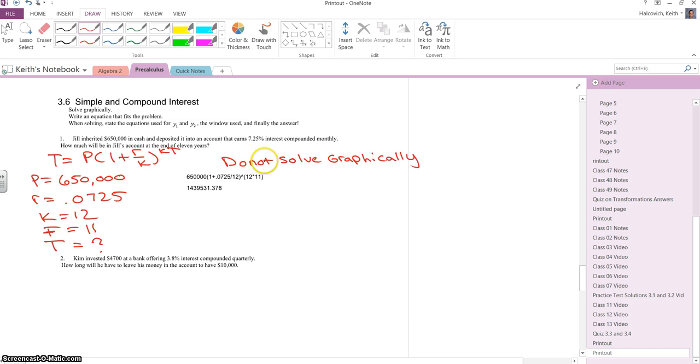We can just substitute this in our calculator just like you see here, and it gives you an answer of 1,439,531.378, which rounds to 1,439,531.38. So if we're finding big T, the amount in the account, we don't solve graphically.